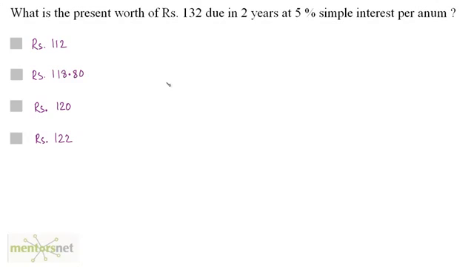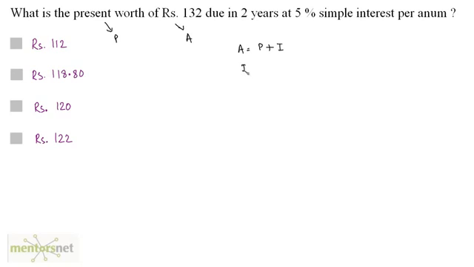What is the present worth of rupees 132 due in 2 years at 5% simple interest per annum? Well, this 132 rupees is actually the amount, and the present worth will be the principal. Let us calculate the simple interest. Well, we know that amount is equal to principal plus the interest.